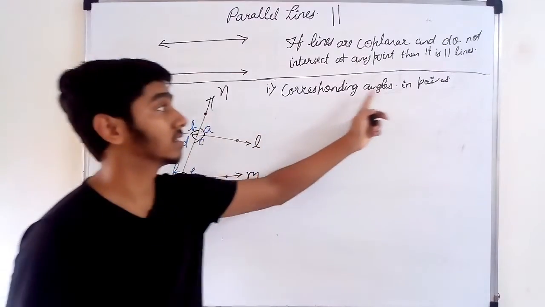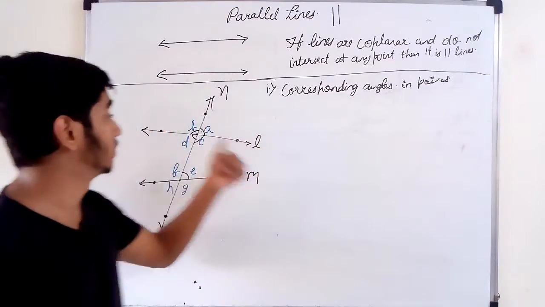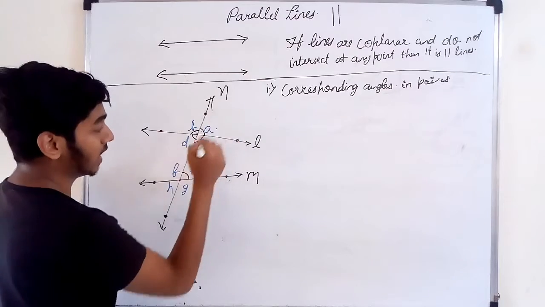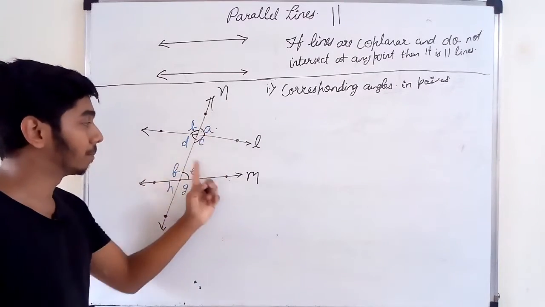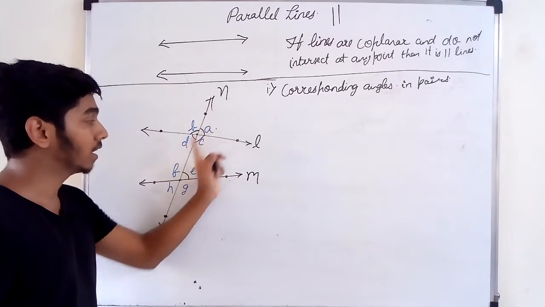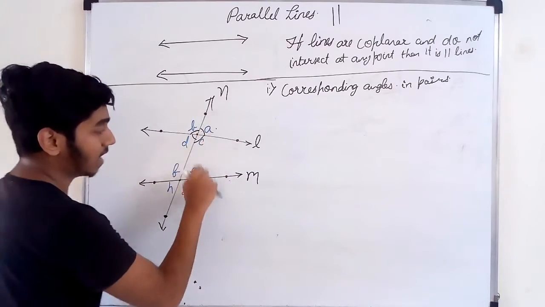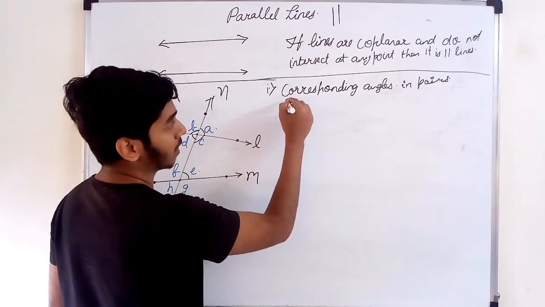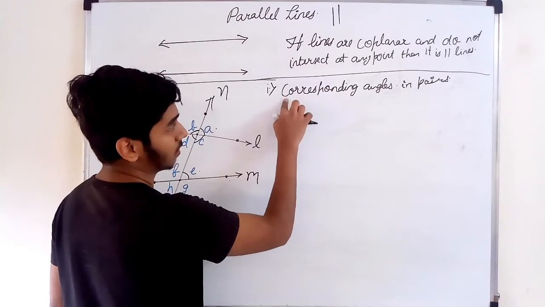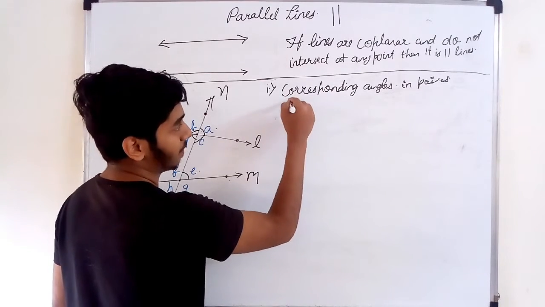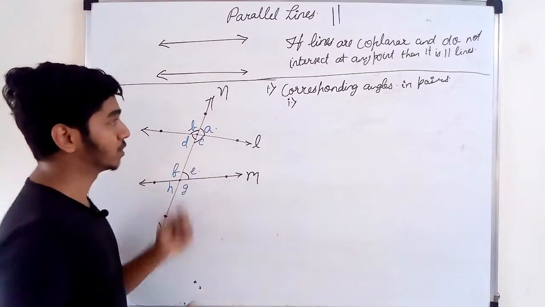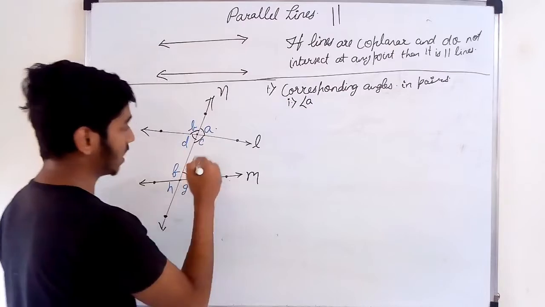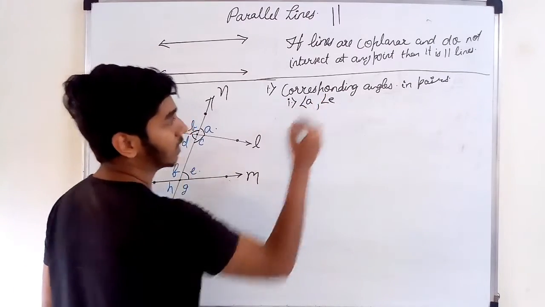Now let's see what the pairs of corresponding angles are in this. We can say A and E. Corresponding means in the same position, so they are coming under each other. So the first pair is angle A and angle E.